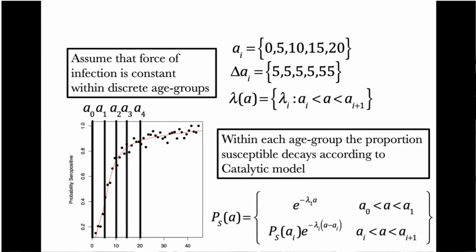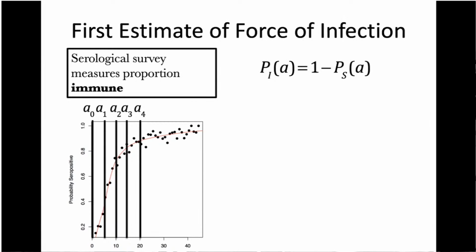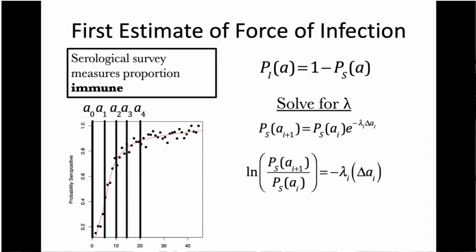So you can still have proportion susceptible in such a model, even when that force of infection is changing with age. And we can relate that proportion to obtain a force of infection in a catalytic model.